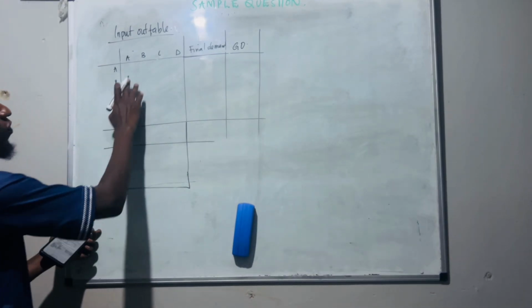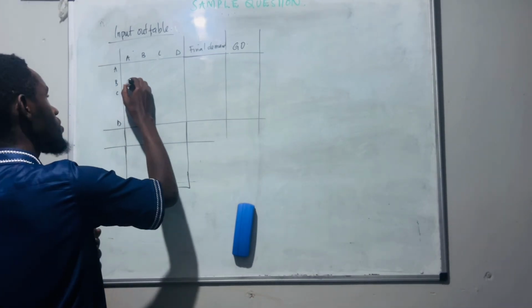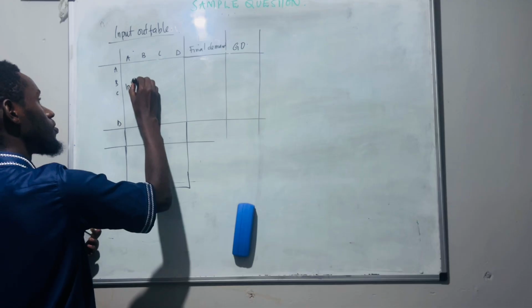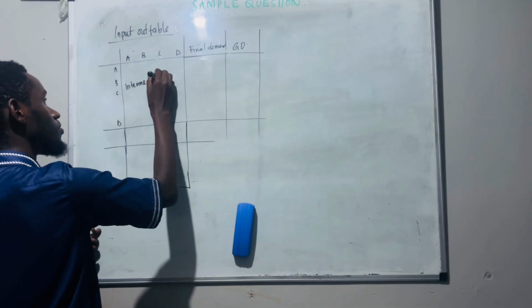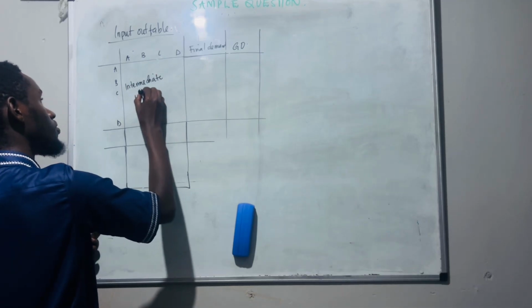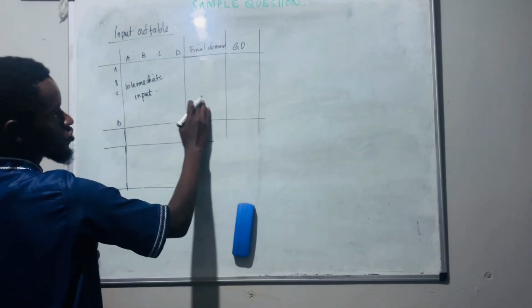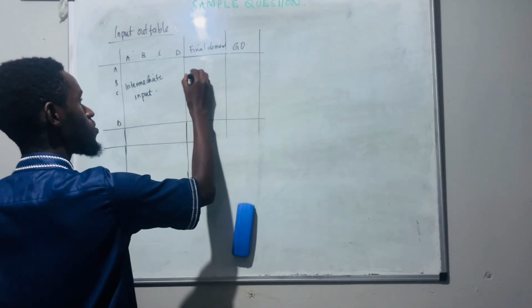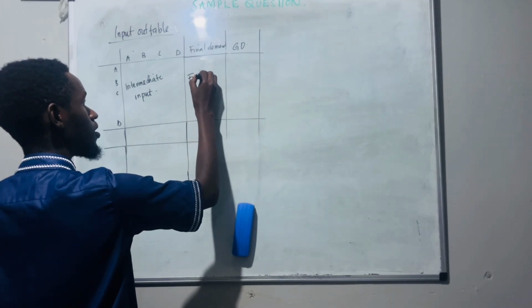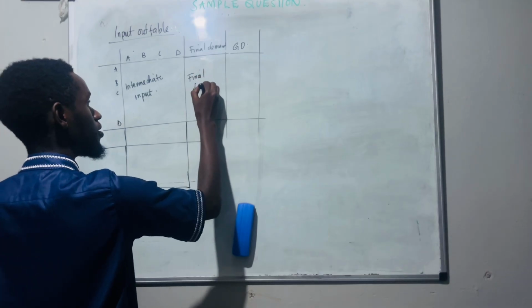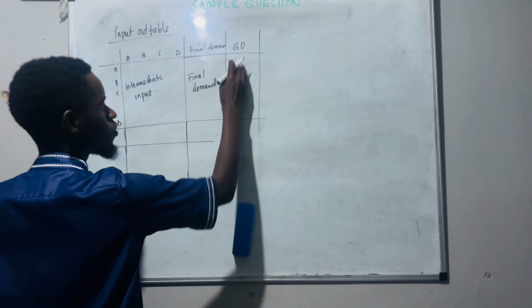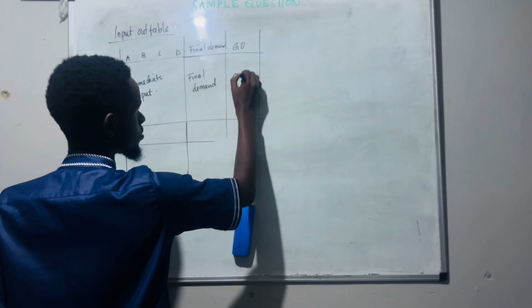The whole of this area is called intermediate input. The whole of this region is called final demand. And the whole of this area is called gross output.